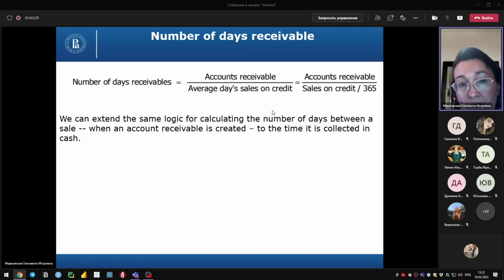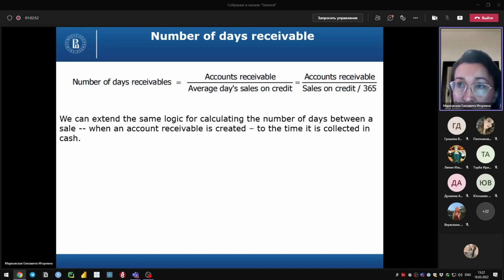And then the second component or second element of our operating cycle is accounts receivable. In order to calculate the duration of accounts receivable, or number of days accounts receivable, we have to find the account receivable to average days sales on credit.